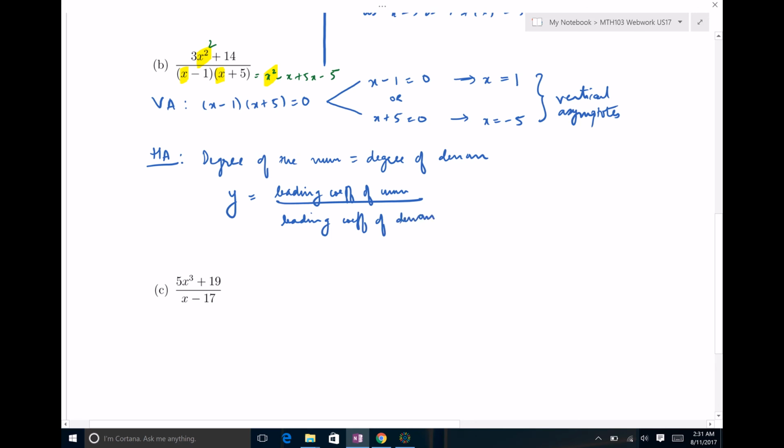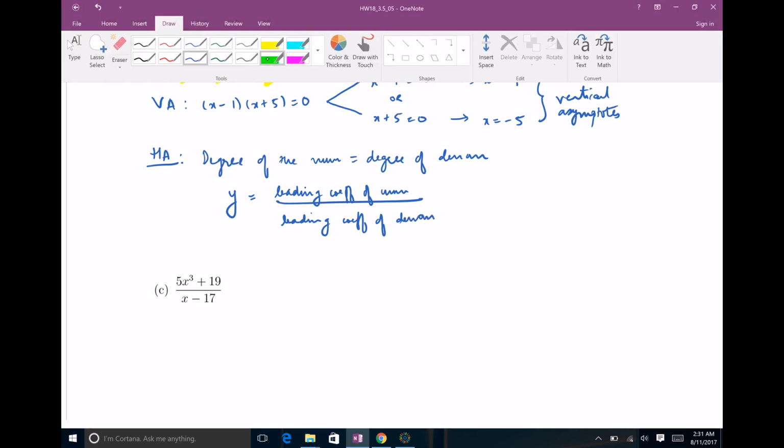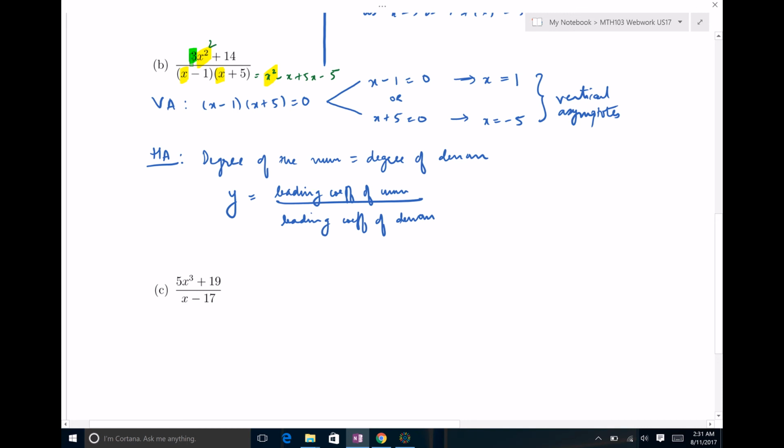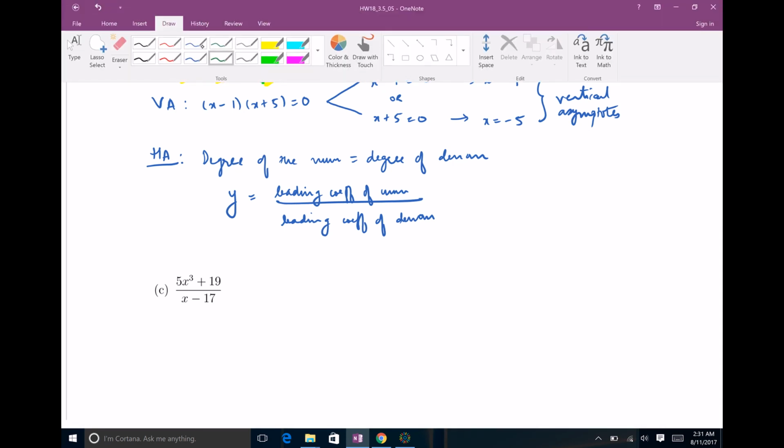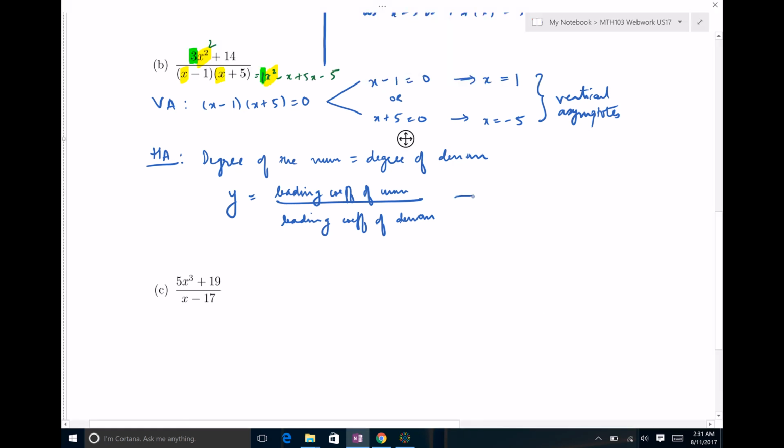Okay, what do these terms mean? The leading coefficient of the numerator is the term associated with the highest degree, that's 3. For the denominator, once we multiply this out, there's really nothing there, but that means the leading coefficient is just 1. So in this case, y equals 3 over 1, or just y equals 3 is the horizontal asymptote.